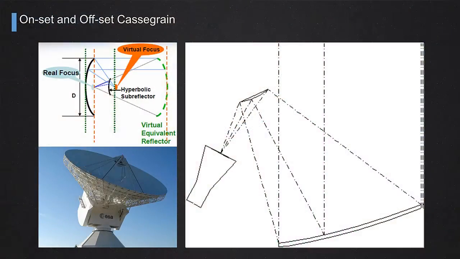And now an example of onset and offset Cassegrain configuration. We have a picture. The photo refers to a non-offset or axial fed Cassegrain configuration. The drawing on the right instead is an offset type of configuration. And we see the principle again is that you have a sort of virtual focus that is far away from the main reflector.